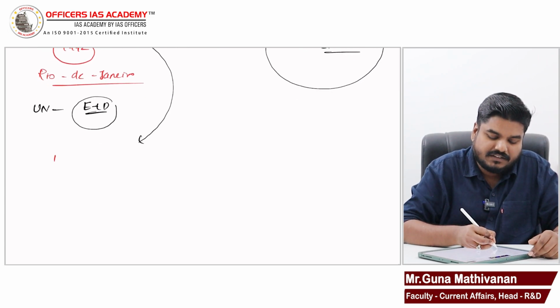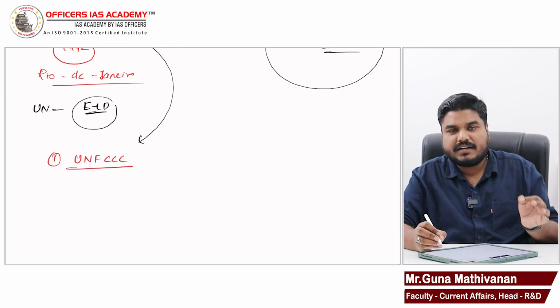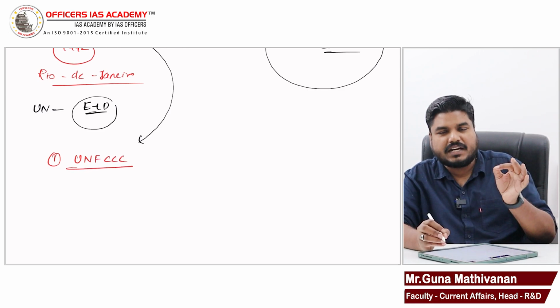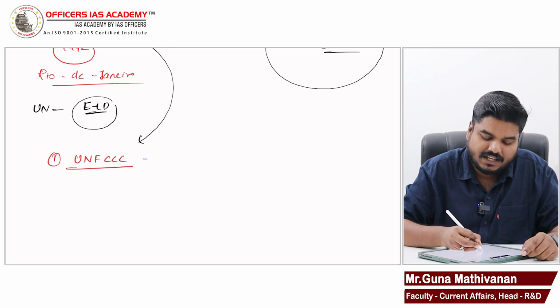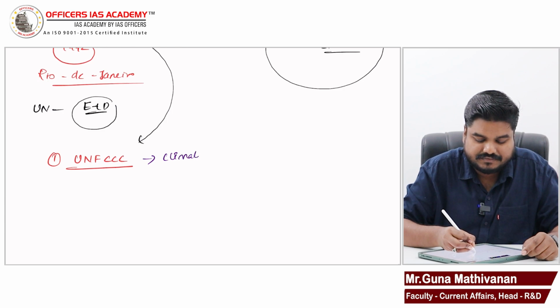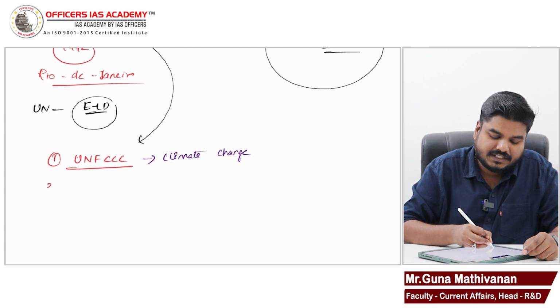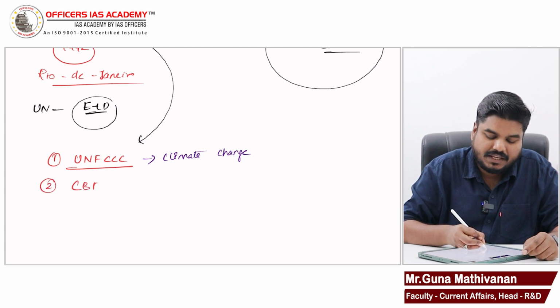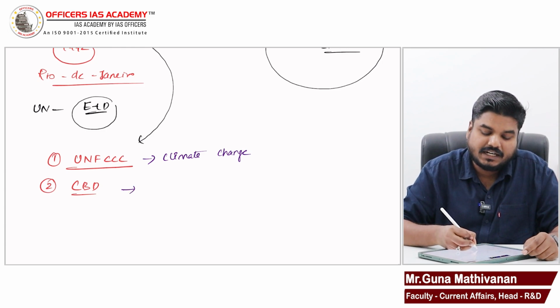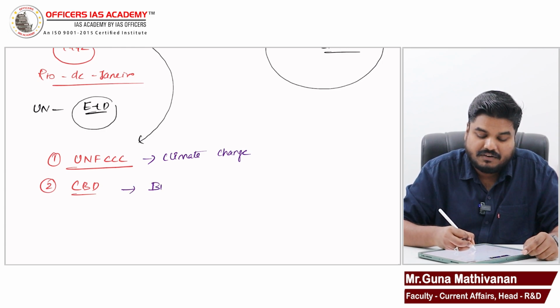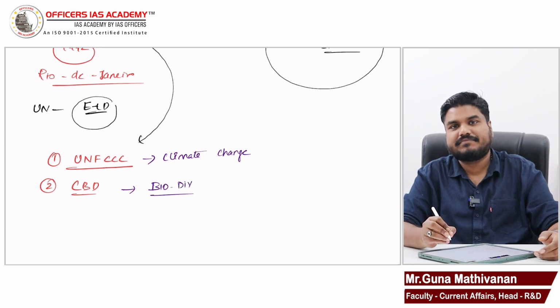So the first convention is the UNFCCC, United Nations Framework Convention on Climate Change. So the first one is regarding climate change. The second convention was regarding CBD, that is Convention on Biological Diversity, biodiversity.